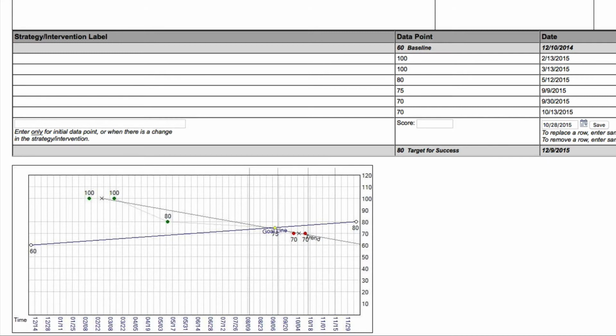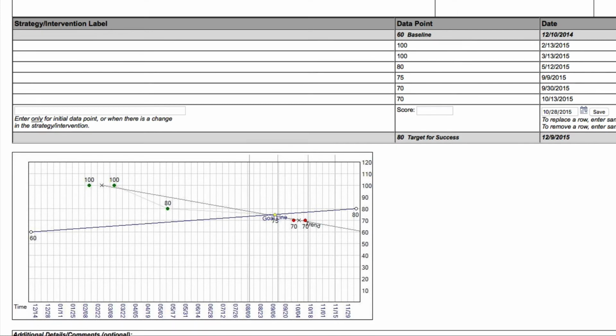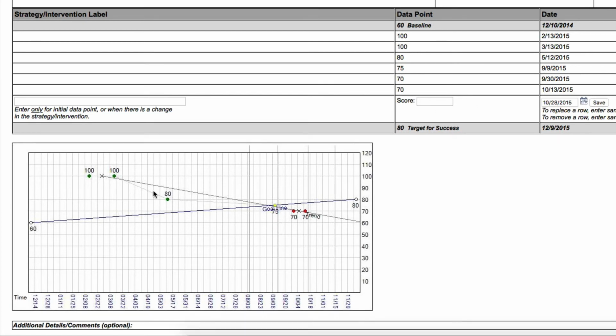It goes into the methods of evaluation and the goal. The student will independently, with 80%, answer 4 out of 5 questions correctly. And then we have the actual data points that were collected in the table view, and also in the graphic view.